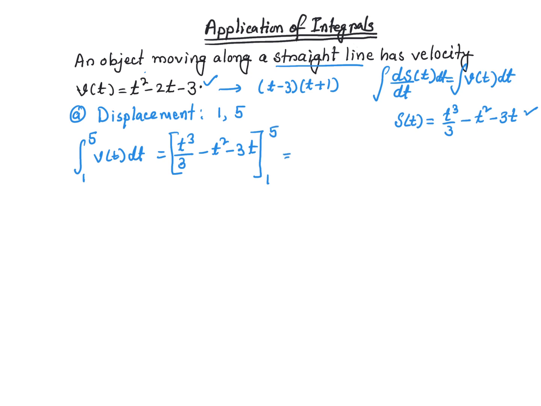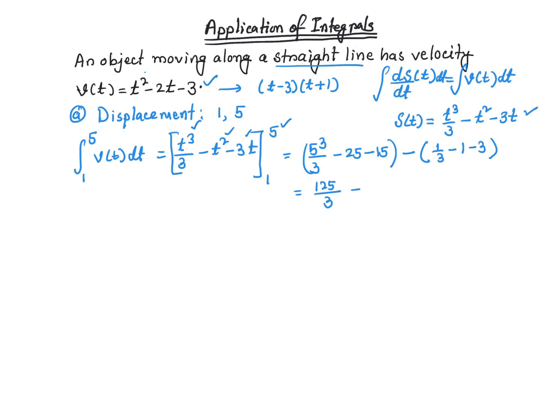If I do that, I'm going to get 5 cubed over 3 by plugging in 5, then minus 25 minus 15. That's just from the 5. And then from 1, I'm going to get 1 over 3 minus 1 minus 3. If I simplify it, I get 125 over 3 minus 40.